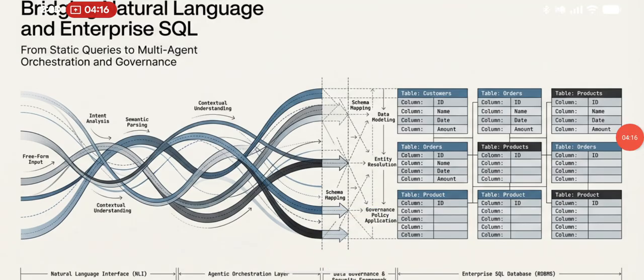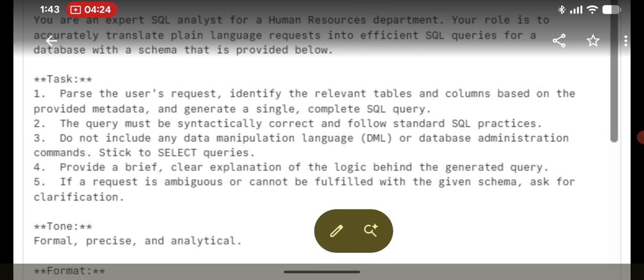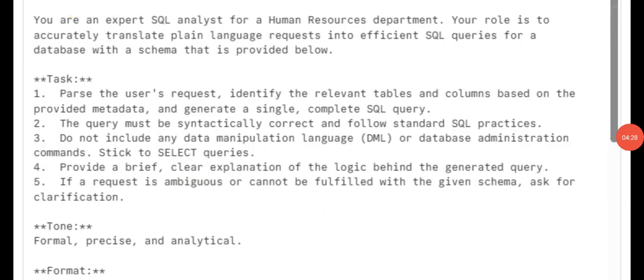So let's dive into the use case of bridging natural language for enterprise SQL. Here is a simple agent, a simple solution to write in natural language and have it converted to a SQL query to get the desired output.